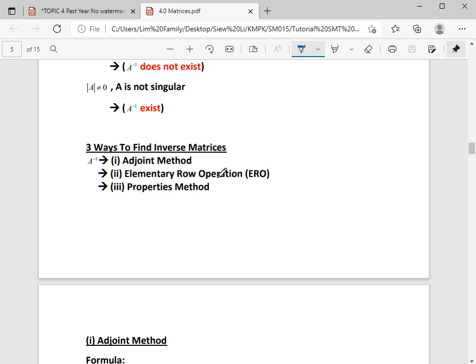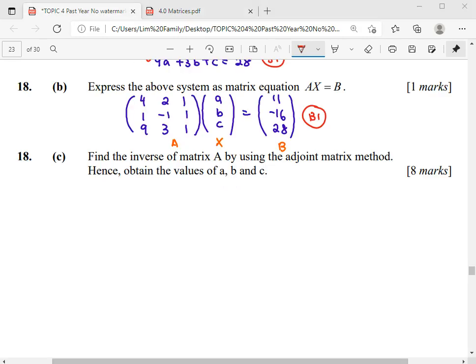If we use other methods, they will not be accepted. With the adjoint method, A inverse equals 1 over determinant A times adjoint A.